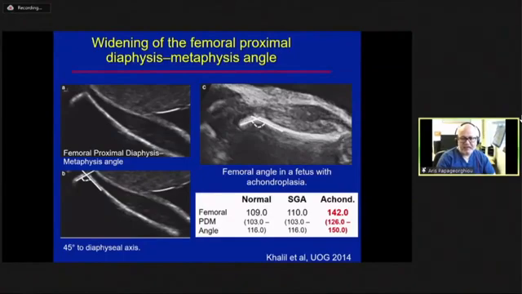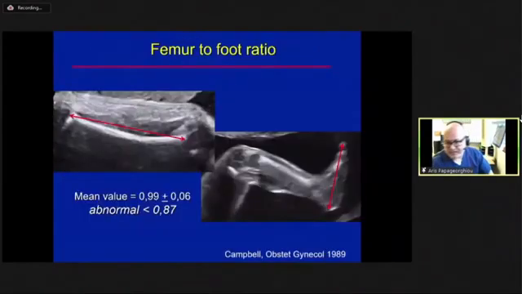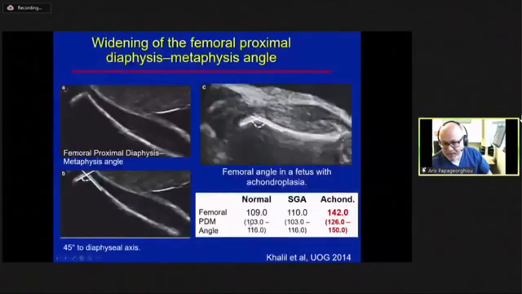Normally, the angle is about 100 degrees. Here, in the normals, it's about 100 to 109 degrees. SGA fetuses, because they are normal, have a very similar angle. But in achondroplasia, the femoral angle is much more open, as you can see there. So this is quite a sensitive marker for achondroplasia.